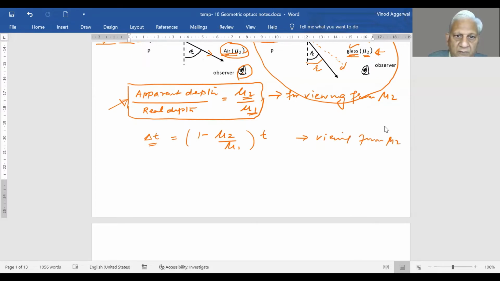Now, if μ2 happens to be greater than μ1, what will happen? Let's take a typical case of glass and air. Glass is about 1.3 to 1.4. Let's take 1.3. Air is normally 1.